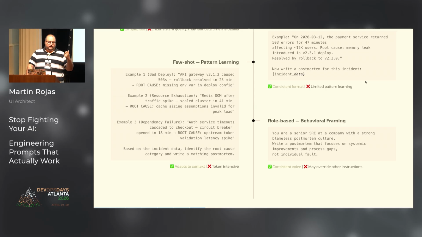Now the problem with this is that your company's title for SRE may be different than what it knows what to do. So while it can be very powerful, it can also lead to ignoring some rules because, damn it, I'm an SRE and I know better, right? You've met the people like, I don't need to follow the instructions.